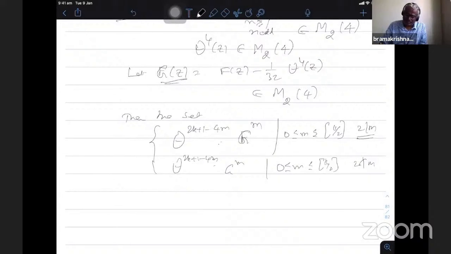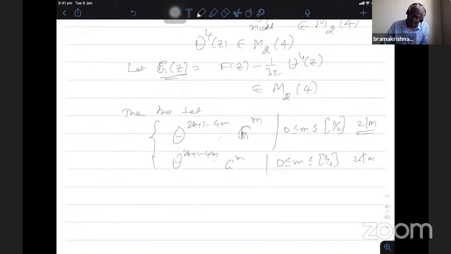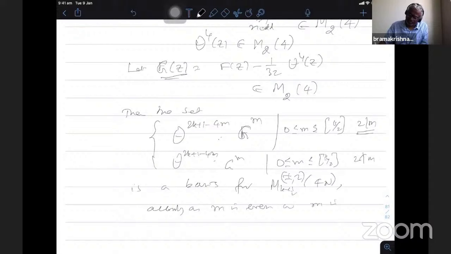These particular functions generate the plus comma 2 eigenspace. These generate the minus 2 eigenspace. The set is a basis for M k plus half plus minus 2 for n, according as m is even or odd. So m even means plus comma 2, odd means minus comma 2.